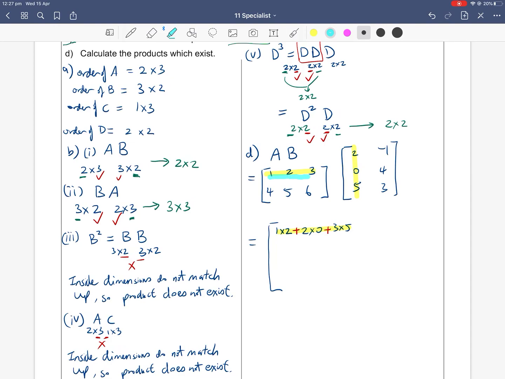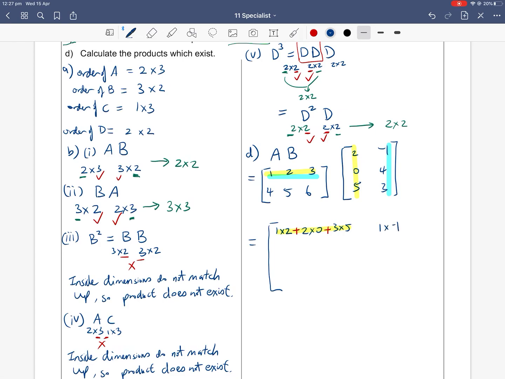Next, let's row by column, row 1, column 2 of our matrix. So that answer is in the row 1, column 2 entry of our resulting answer.